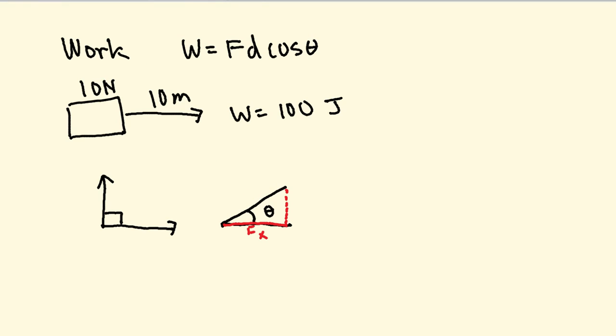If you remember from geometry, cosine theta is equal to the adjacent over hypotenuse. And in this case, the adjacent, which is the x component of F, is equal to the hypotenuse, which is the force, times cosine theta, which is where the cosine theta comes from.